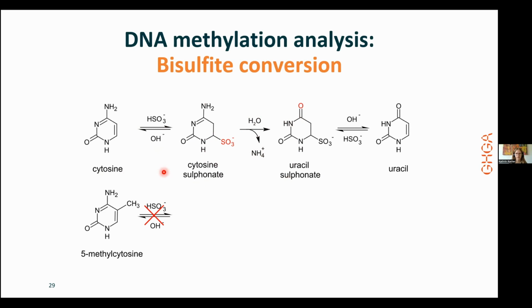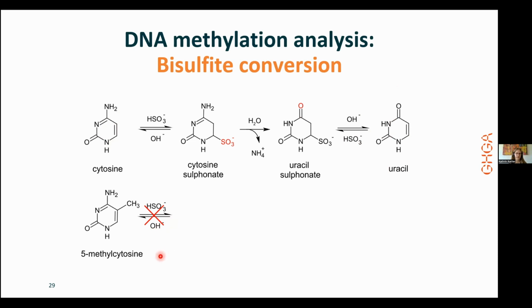So we do not have cytosine anymore, but uracil. And if we then add NaOH, so we increase the pH, then the sulfonate group is lost again, and we end up with uracil. So this bisulfite conversion means that we convert unmethylated cytosine to uracil.